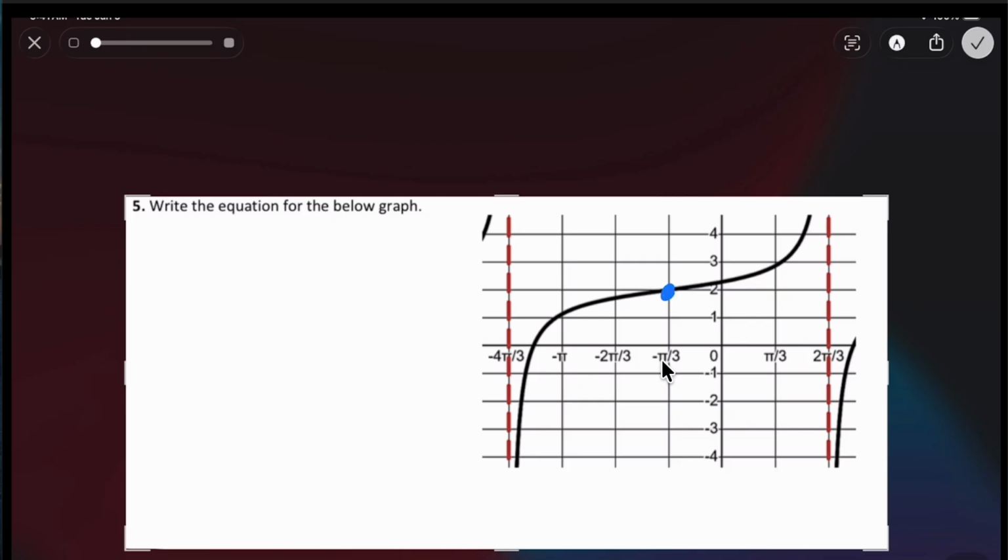So if that's -1, we want to go to -2.5. So that's going to put us right here in terms of our x value and there in terms of our y value. So that's going to be -2.5 pi over 3, and that would be negative 3 pi over 3, otherwise known as pi.